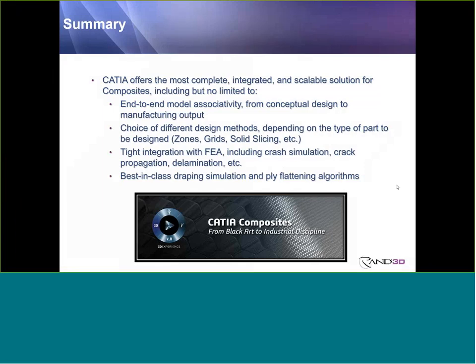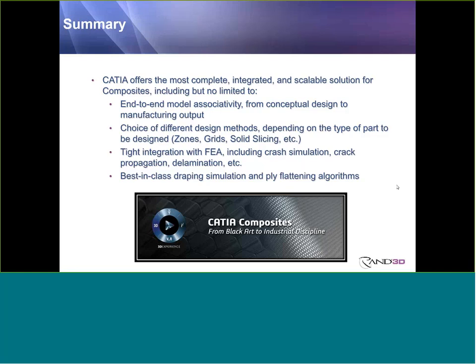If you work with any history-based, feature-based CAD modeler, you know exactly what I mean. Now, it has a very rich set of different design methods, suitable for different types of parts. You have manual plies creation if you want to.